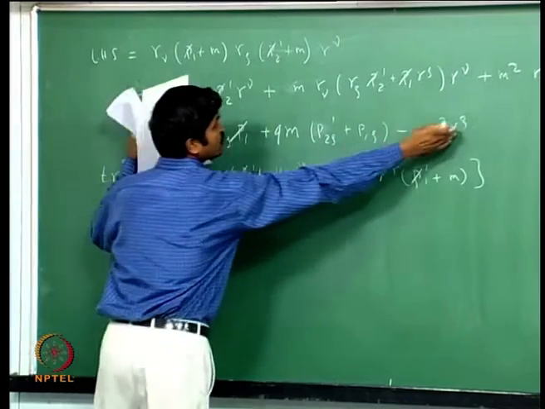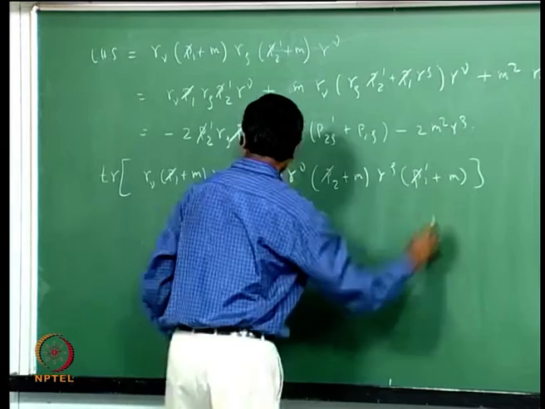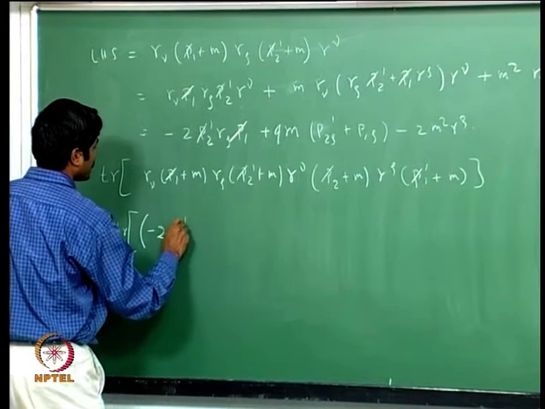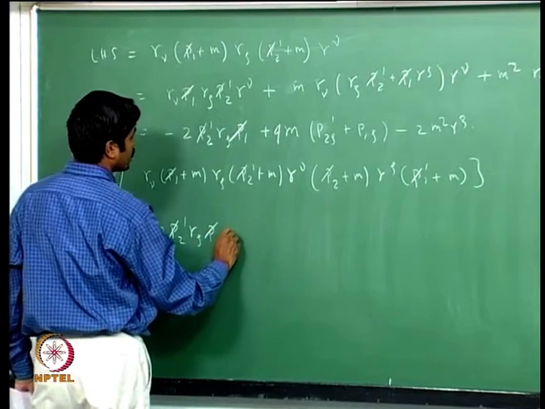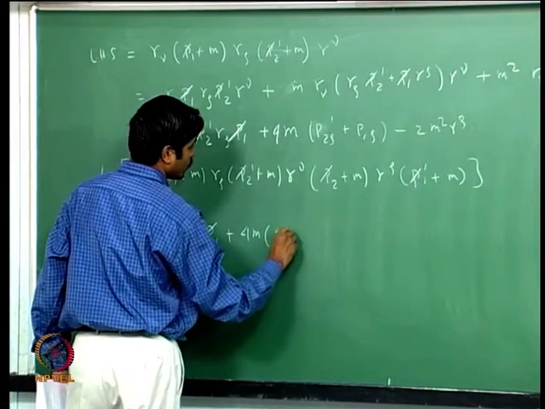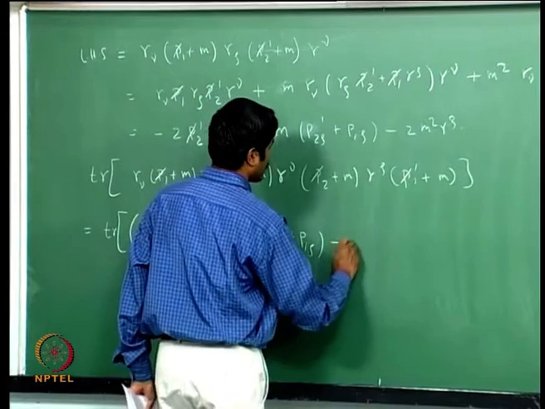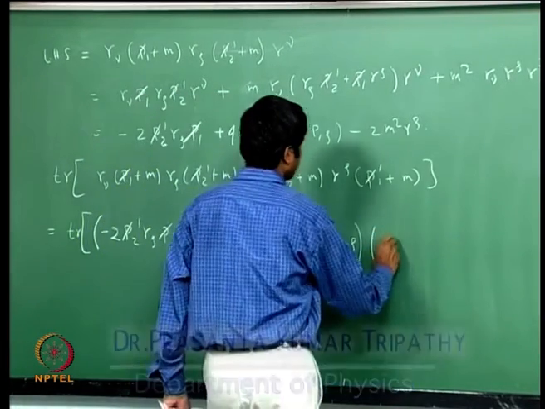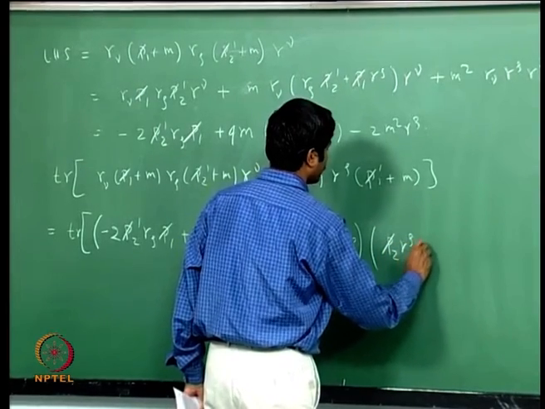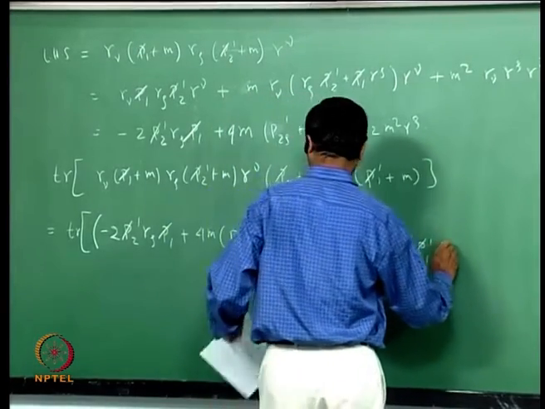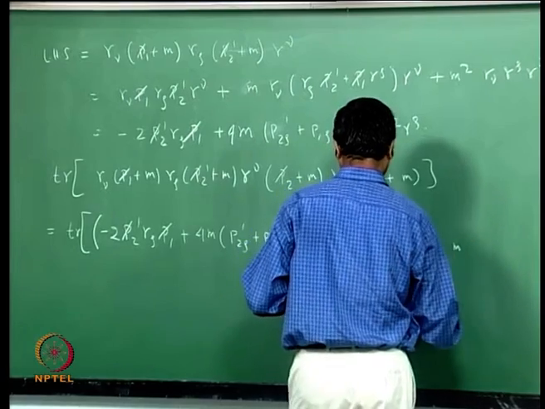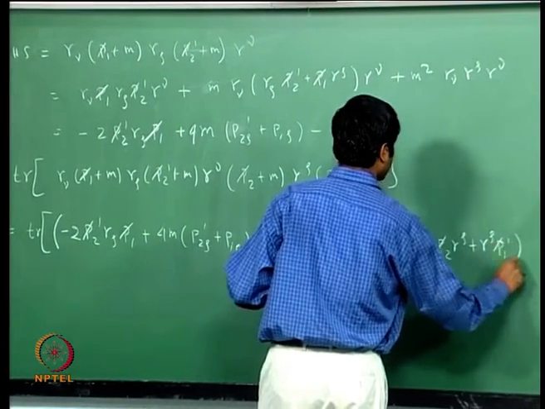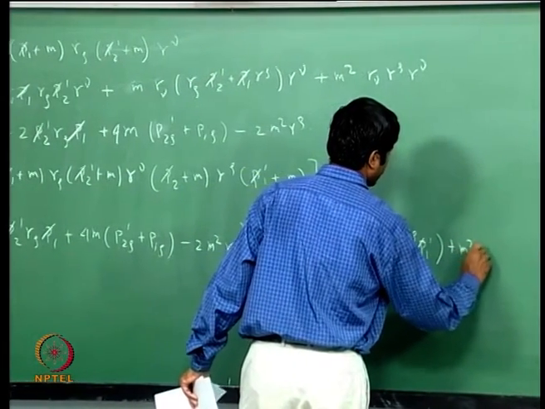What I will do is that for this I will substitute this one, and then here I will expand this, and that will give me trace of minus 2 p2 prime slash gamma rho p1 slash plus 4m p2 rho prime plus p1 rho minus twice m square gamma rho times p2 slash gamma rho p1 prime slash, and m p2 slash gamma rho plus gamma rho p1 prime slash, and then there is m square gamma rho.